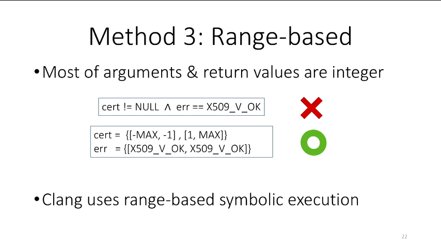Here is a symbolic constraint that the cert is non-null and the error is OK. We can encode it as a range. For example, cert equals from minus maximum to -1 and from 1 to maximum. Similarly, error can be encoded as from OK to OK. Clang also uses this range-based symbolic execution at compile time.